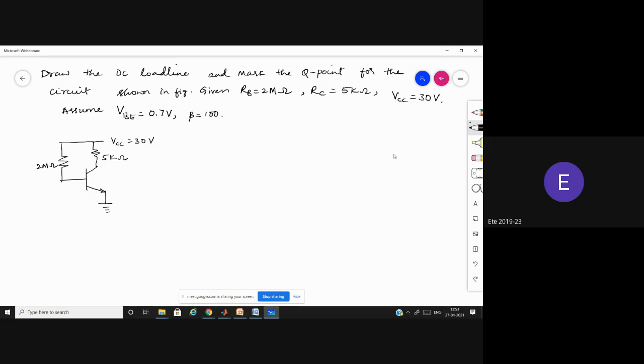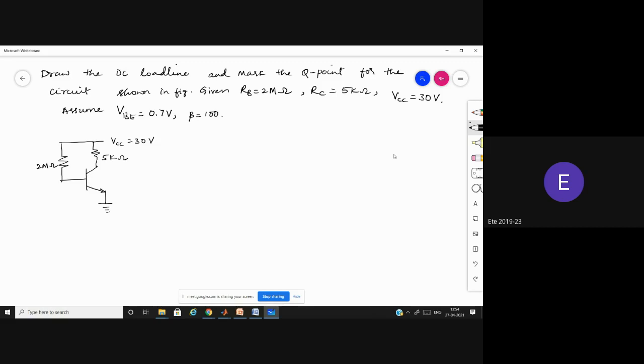We have to take case 1 by applying KVL to the base circuit, case 2 by applying KVL to the collector circuit. By doing this, whatever IC and VCE values we get, those are our Q point values.